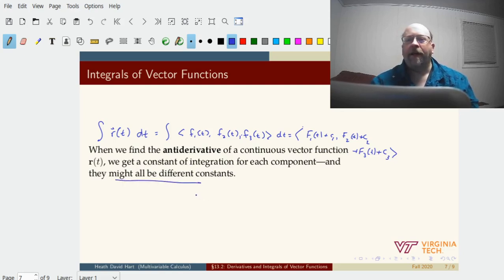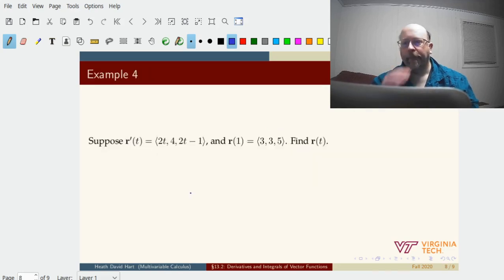And so that complicates things a little bit because we have multiple constants to solve for, but it's not too bad. Let's look at an example. Suppose the derivative of r of t is equal to this function here, and r of 1 is 3, 3, 5.